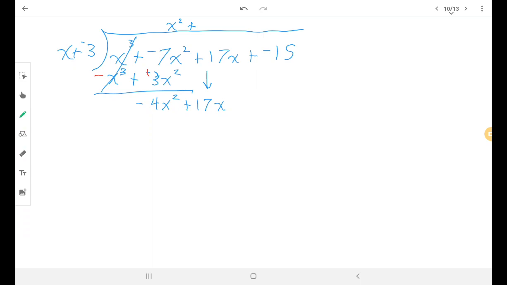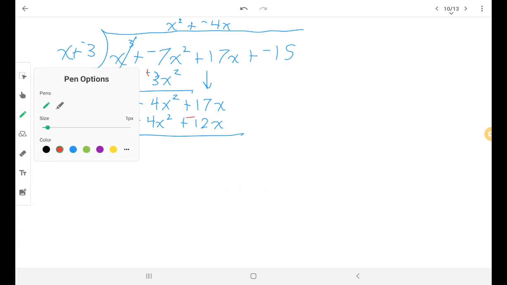Now I need to make negative 4x squared. I've got to multiply by x to do it, so that's negative 4x times x is negative 4x squared plus negative 4x times negative 3 is positive 12x. Change the signs so that I am subtracting, distributing that negative 1.